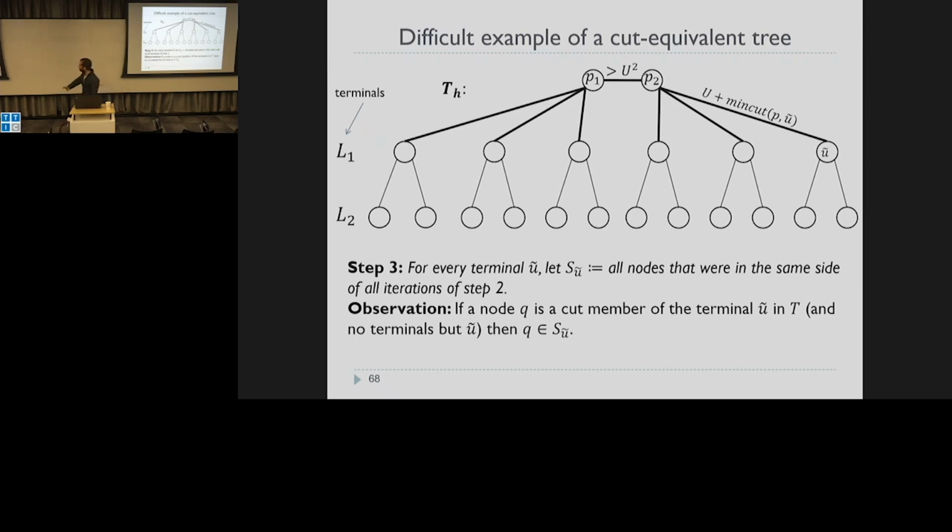Finally, for every terminal ũ, you define Sũ, the estimate of the isolating cuts, as all of the nodes that went to the same side in all of these polylog n applications. And then the observation is that if a node is a cut member, then it must have followed its parents in all of those.